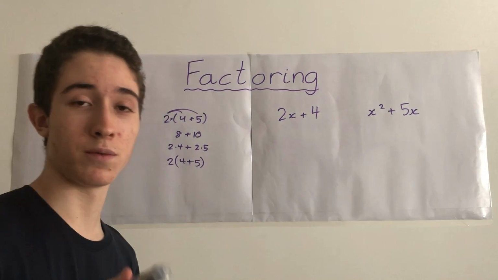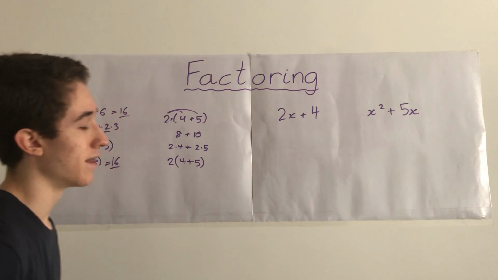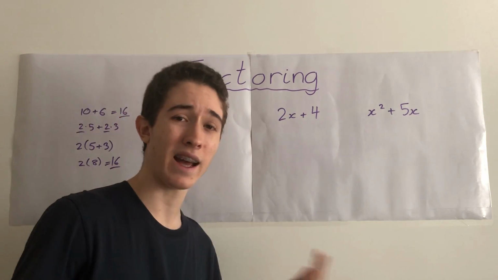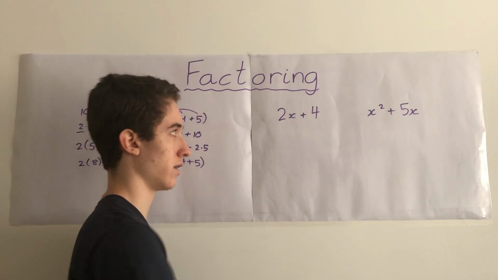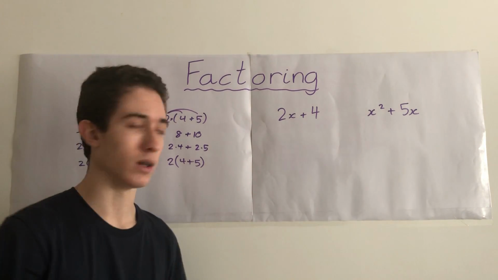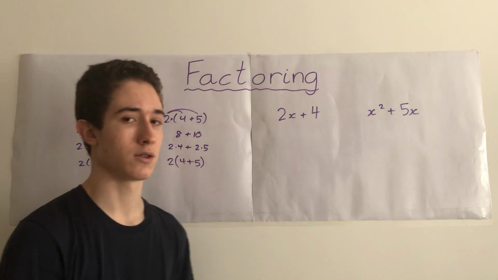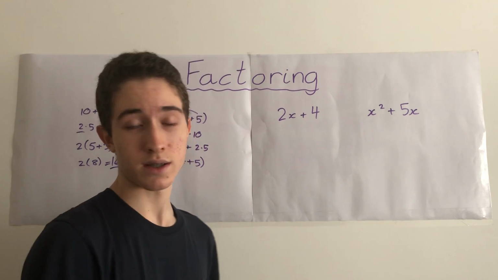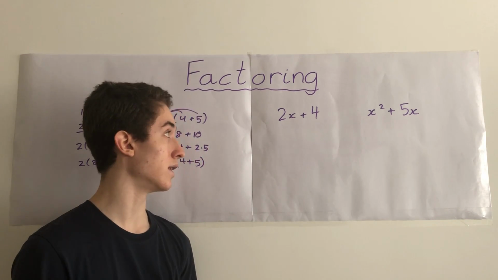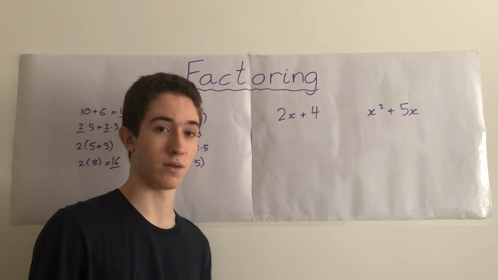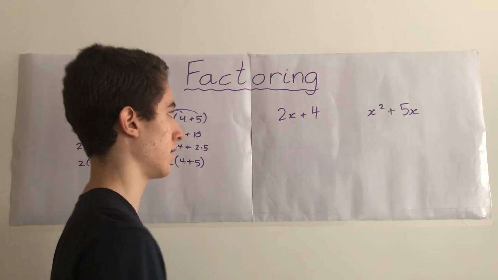But well, what if we have a problem like this? That we have a variable. In this case, we can't just add these two values together because, well, one of them has an x, one of them doesn't. And yeah, there's no way to simplify that by adding. But you can try to see if you can have it in a more factored form, or in a form that multiplies things instead of adding them.